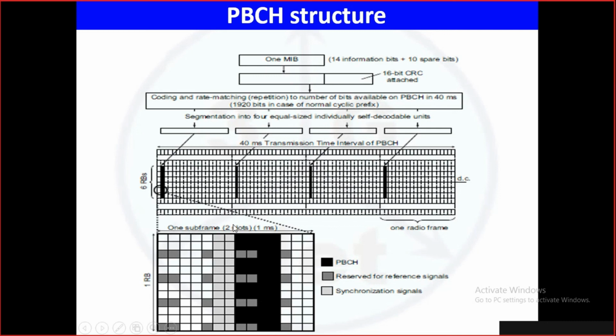So 8 times 6, 48 you have to remove. If you remove 48, you will be left with 240. So you will have exactly 240 symbols for your real MIB. So do you have the answer now? Even if your MIB is 14 bits, why do you need 6 RB?